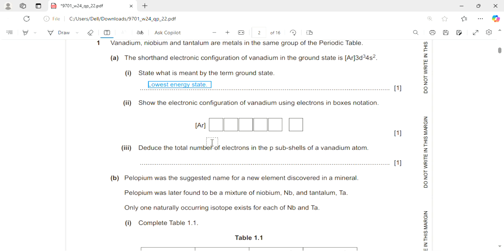It means that three electrons with half filled will go anywhere in the 3d boxes, but we have the two electrons in the 4s shell. The 4s contains the two electrons.